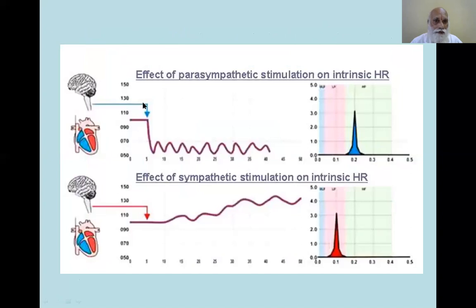If you look here, when sympathetic or parasympathetic stimulation is given, you see the high frequency part, the power of the spectrum, increased, and this is the low frequency. You can read this very carefully. Very low frequency is pink, and this pale green is the high frequency.